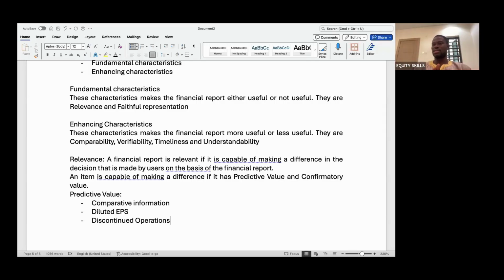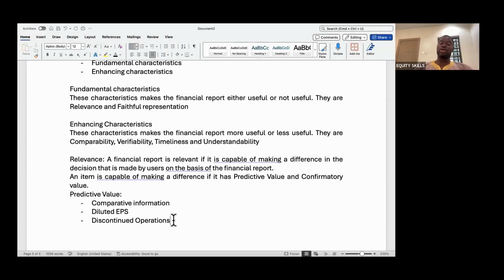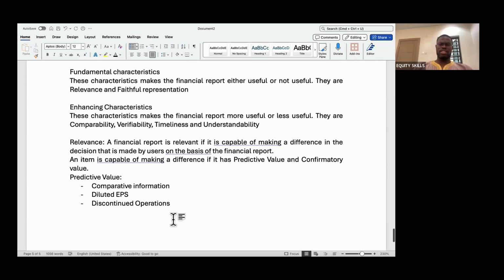Let users see that you are planning to discontinue. Not when you discontinue, but even when you are planning to discontinue, you must already structure your reports by separating it into continuing and discontinuing operations. So when they see that, they would easily know that this company wants to shut down some of its branches and all of that. So that is relevance, predictive value, confirmatory value.